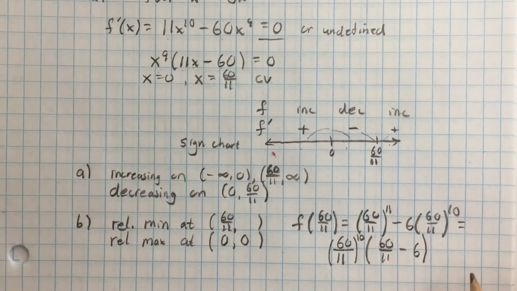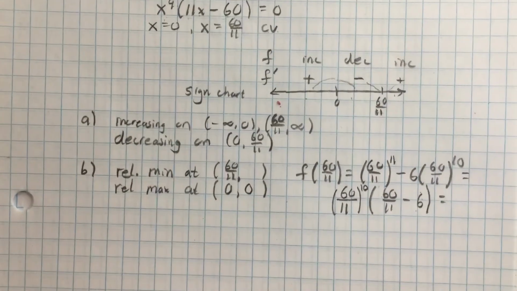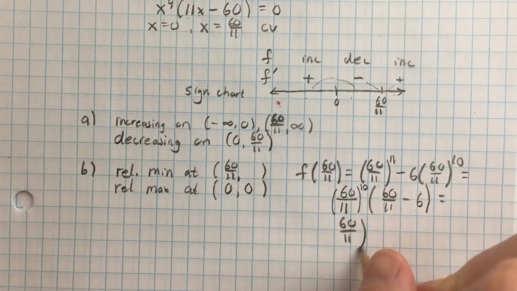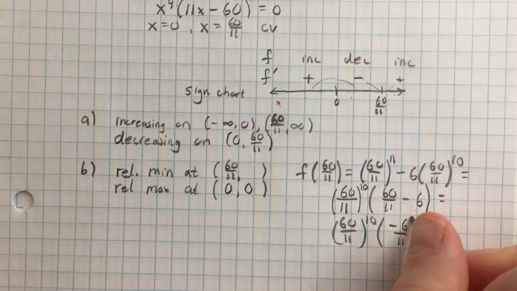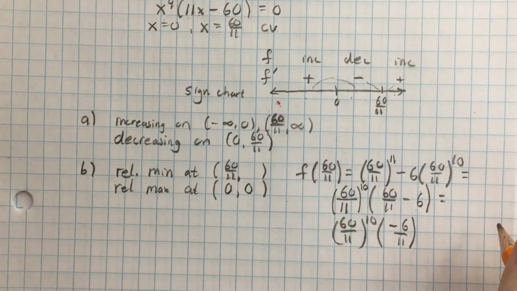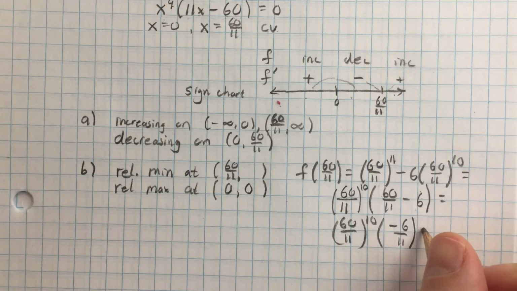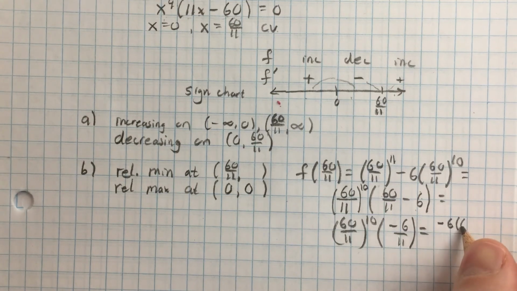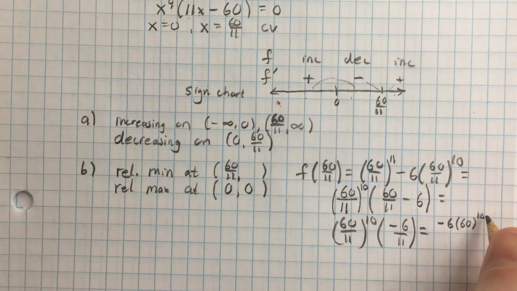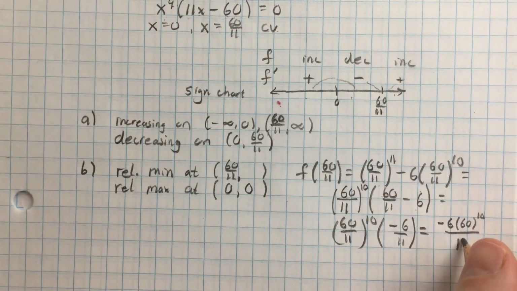So what would that give us here? 60/11ths minus 6, and this 6 would really be 66 over 11. We'd have negative 6/11ths. So this should be the same as 60/11ths to the 10th times negative 6/11ths. Rewriting that, we could have a few ways of writing it, but let's just write it like this: negative 6 times 60 to the 10th over 11 to the 11th.